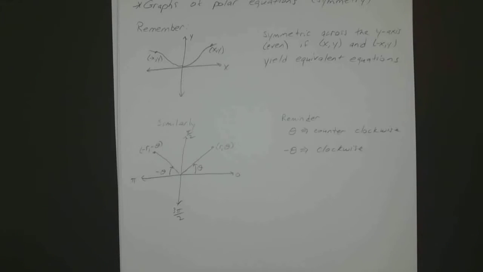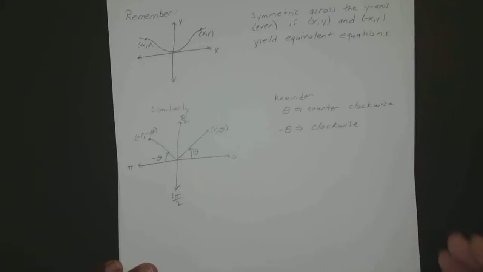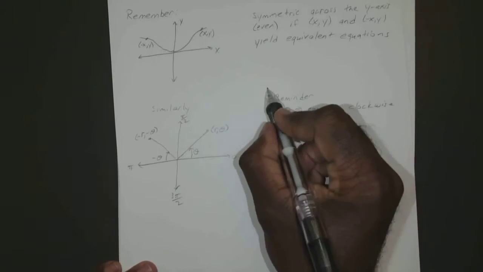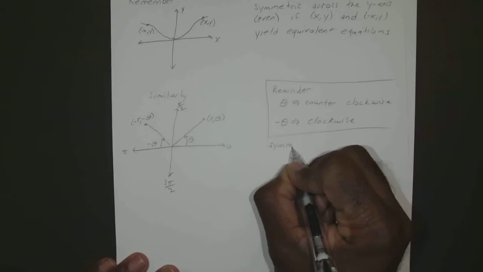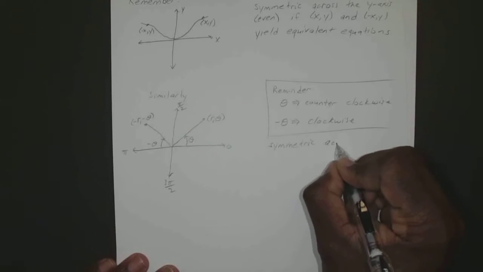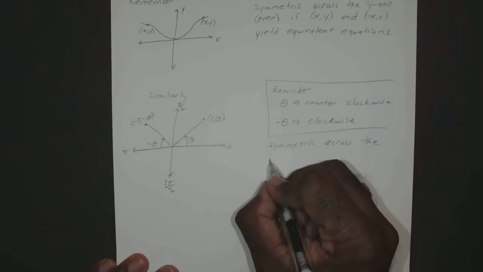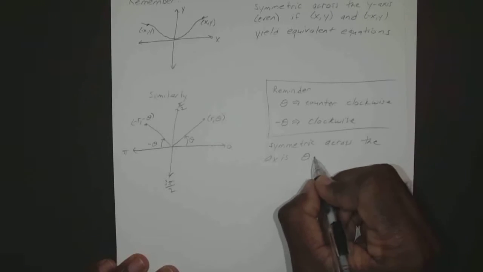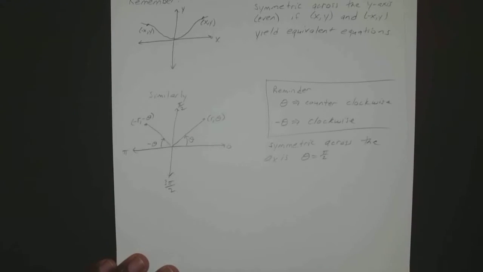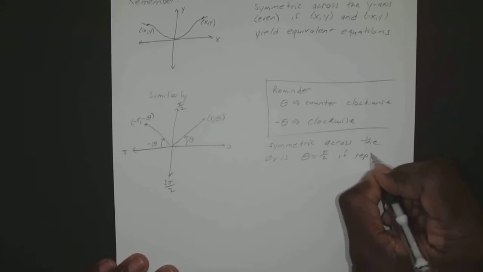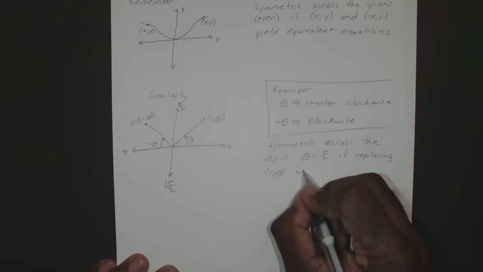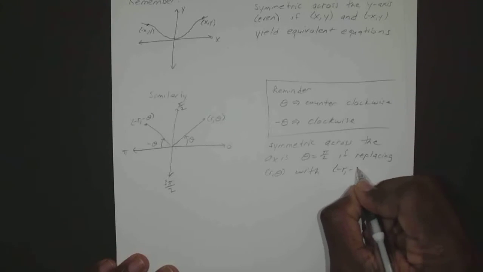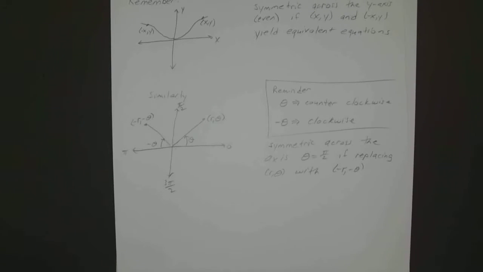Instead of y-axis, well, you could call it y-axis, but they call it theta equals pi over 2. Okay, so that's just a little side note. Symmetric across the axis theta equals pi over 2 if replacing r, theta with negative r, negative theta yields equivalent equations.